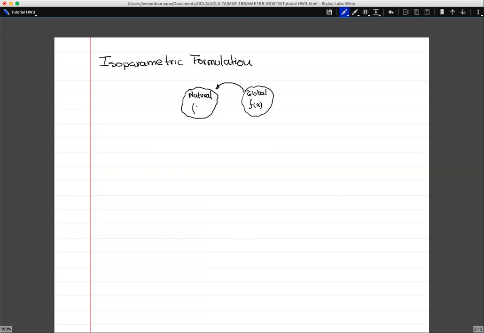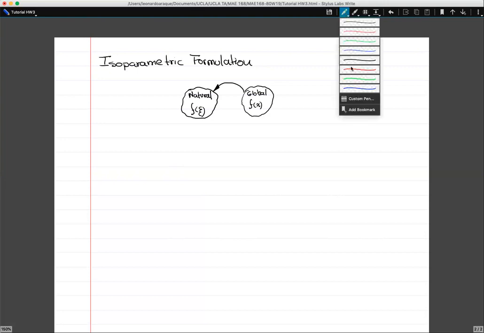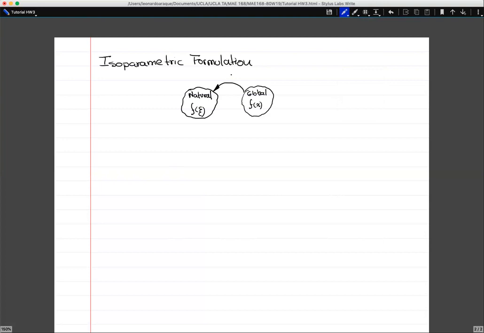And the function here will be a function of some variable called psi. And to build this bridge, we're going to introduce a new term, which is the Jacobian. That Jacobian will contain all the information from the global to the natural.